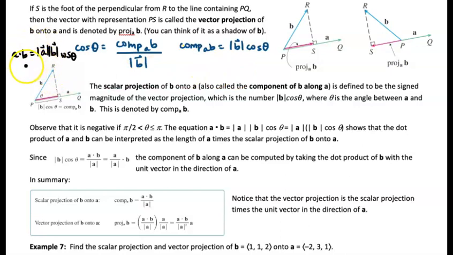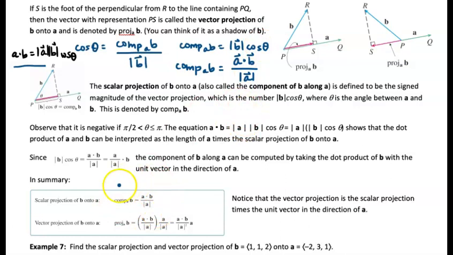Well, I can also say that the magnitude of B times the cosine of theta is equal to the dot product of A and B divided by the magnitude of vector A. And so that's where this equation comes from. Just by using this equation right here, you can rewrite the component of B onto A as equal to the dot product of A and B divided by the magnitude of A. And these are all really vectors.